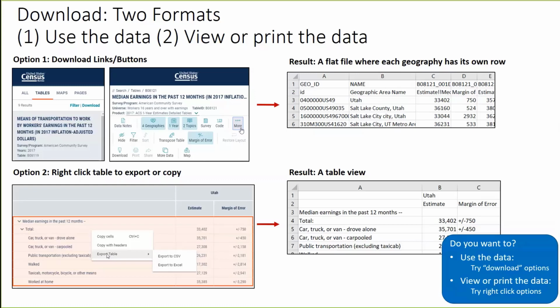However, it is not excellent if you wanted to print out a table and show somebody that data. Right now we do not have a PDF option or a really nice printable, downloadable table format option. But we have some workarounds, one being a download by doing an export table, and then later we can show you the Control P in order to print the table.